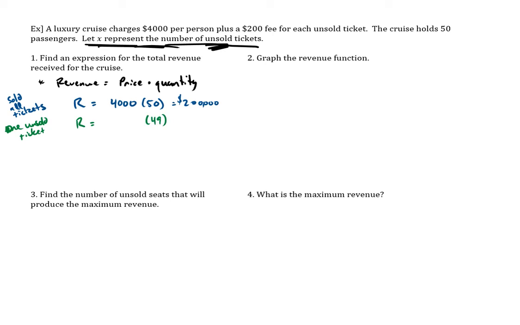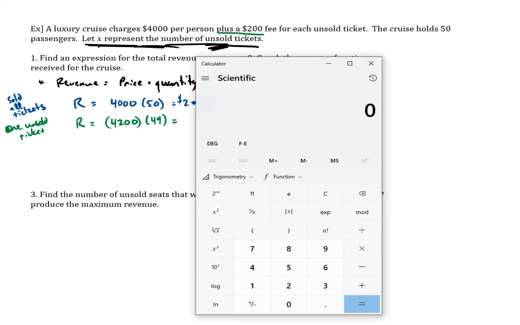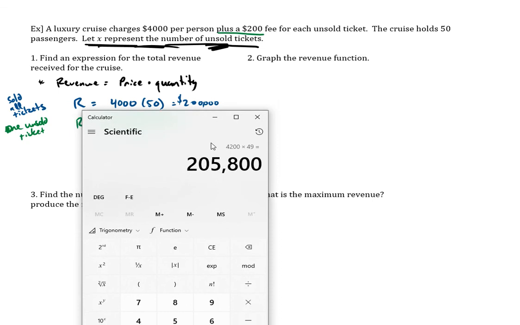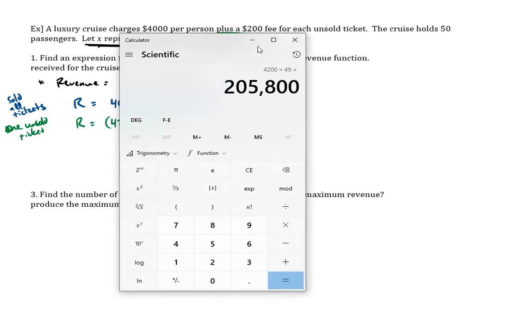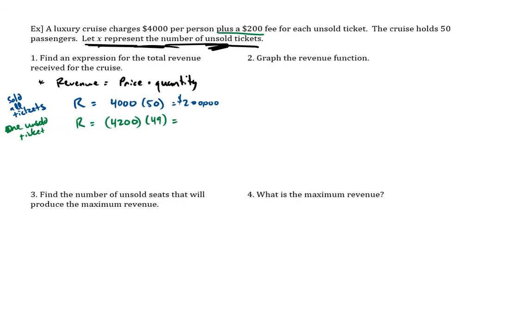And instead of 4,000, there would have been a plus $200 fee, so it would have been 4,200. That one I don't know right away, I need my calculator. So 4,200 times 49 gives us $205,800. Notice it's a higher price, so it looks like this little extra fee gives the cruise a little bit more money.